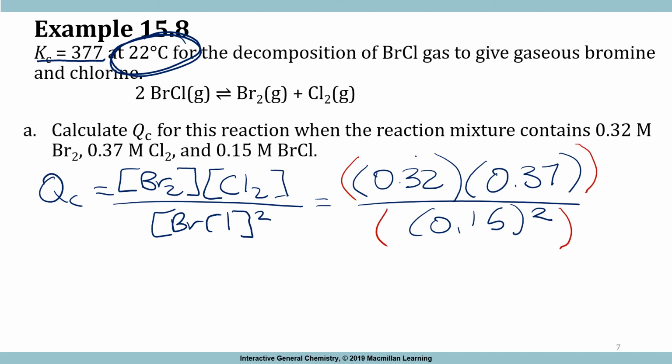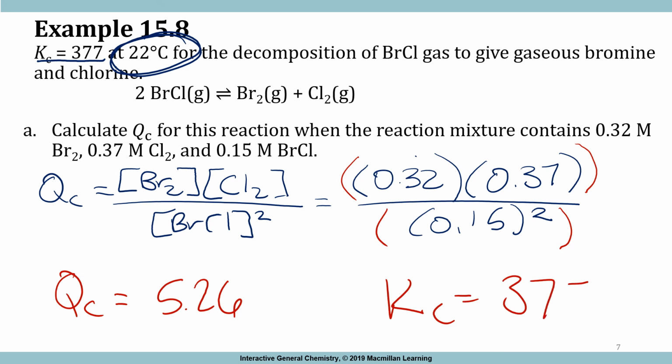You could always just do the top first and then the bottom, but that's always where I find the most errors are happening. You set up the equation right, but sometimes there's that one little math error, so that would help you a lot. So for Qc, I get 5.26, and Kc is 377. So Q is smaller than K.